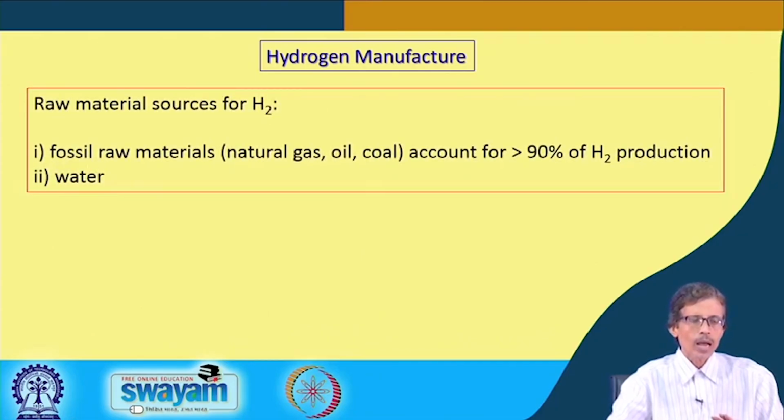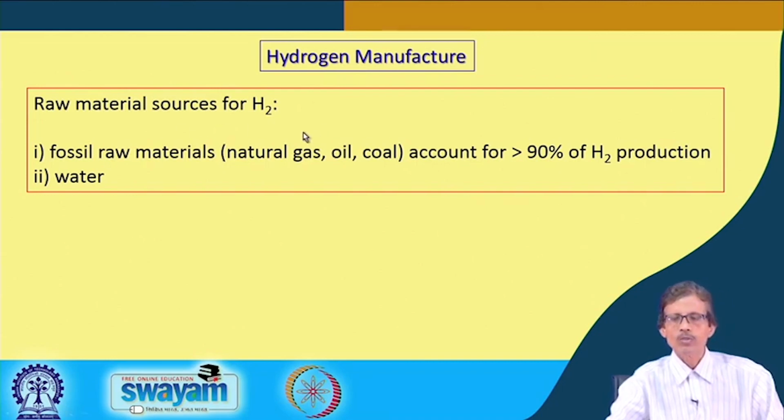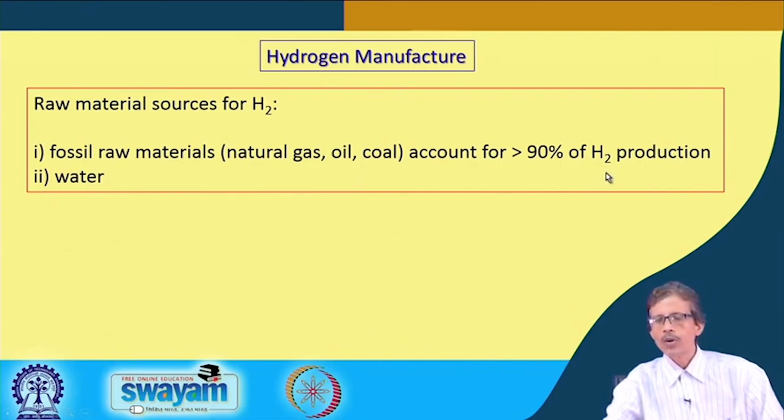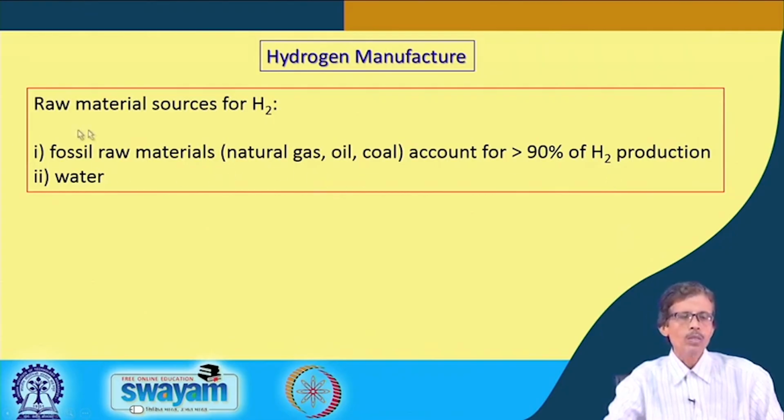As we have just seen, for the raw material sources of hydrogen, the fossil raw materials, natural gas, oil, coal, account for 90% of hydrogen production. All these materials can be utilized for hydrogen production, because for electrolysis we have to use electricity, and that electricity can be obtained from burning of coal.